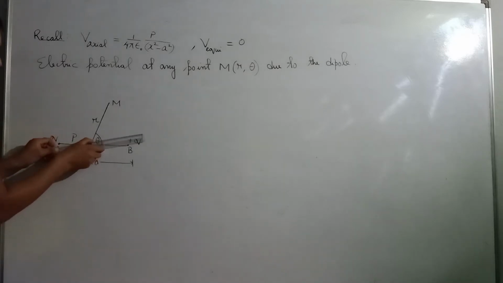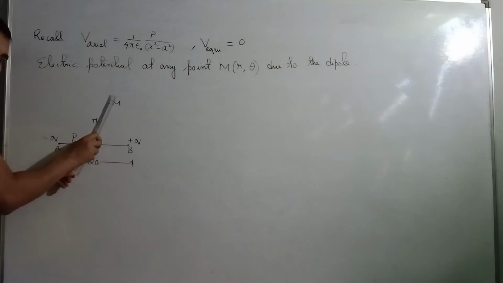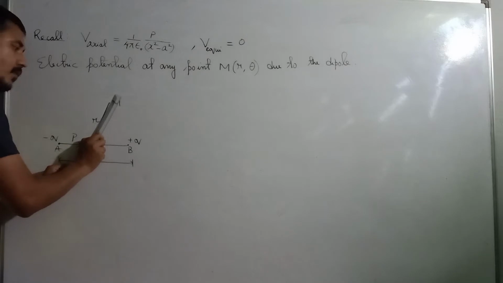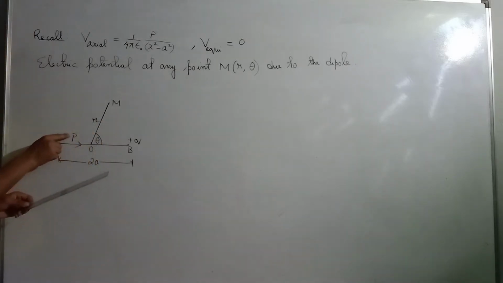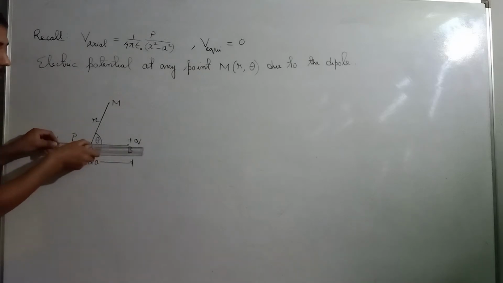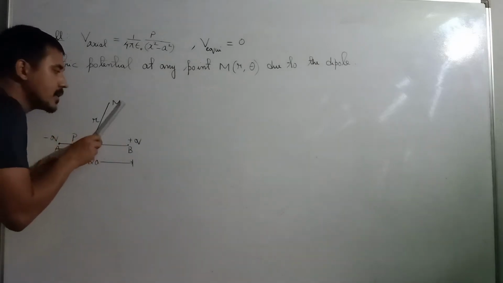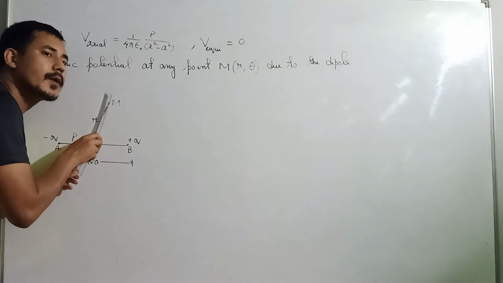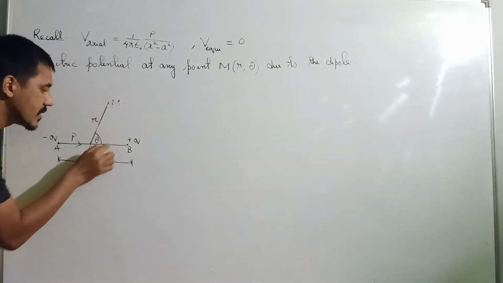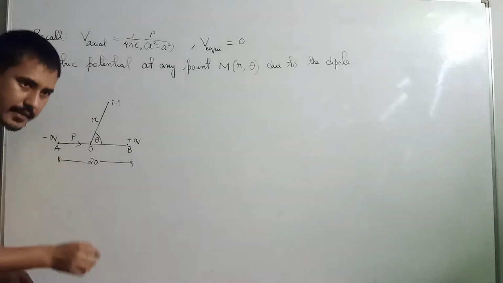If you keep the dipole along the angle theta, that will be your dipole P. So P can be resolved into two components. One is along the angle theta, that will be P cos theta. And one is perpendicular to this P cos theta, that will be P sin theta, right?